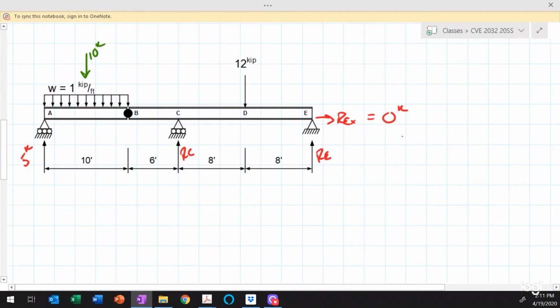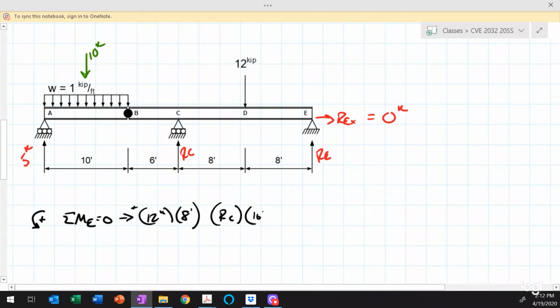So I'll scroll down just a little bit, and the first thing that I'll do is write a sum of the moments about point E. If I take the sum of the moments about point E, take counterclockwise as positive, that should be equal to 0. So what I end up with there is 12 kips acting at a distance of 8 feet. That's a positive. I end up with R sub C acting at a distance of 16 feet. That's a negative moment.